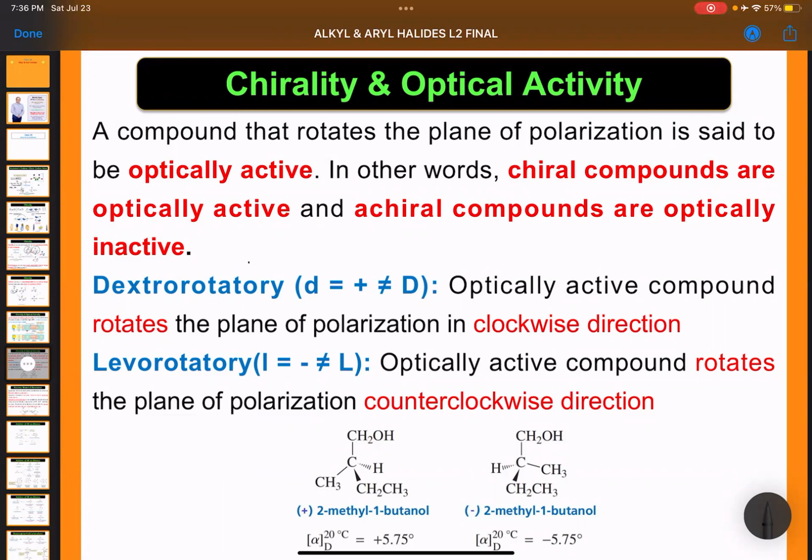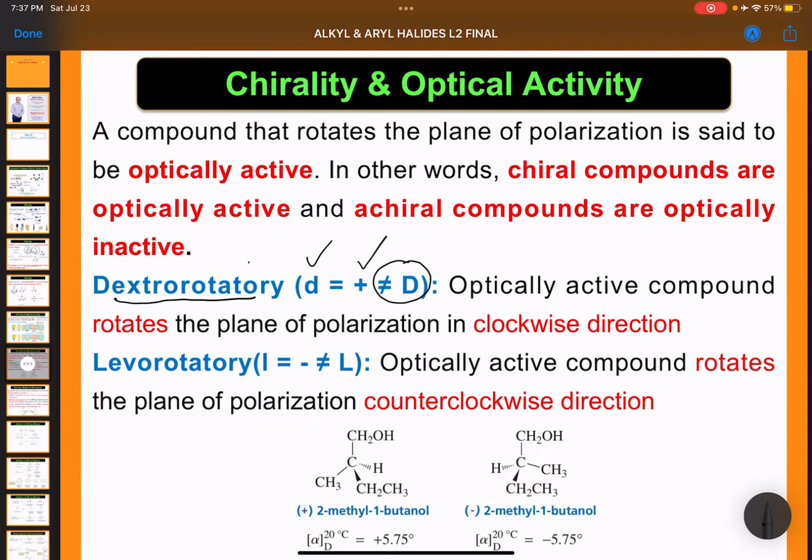The optically active molecule which rotates the light in the clockwise direction is known as a dextrorotatory molecule. It is represented by small d, or by a plus sign. But in organic chemistry there is also a capital D, which is a different thing.